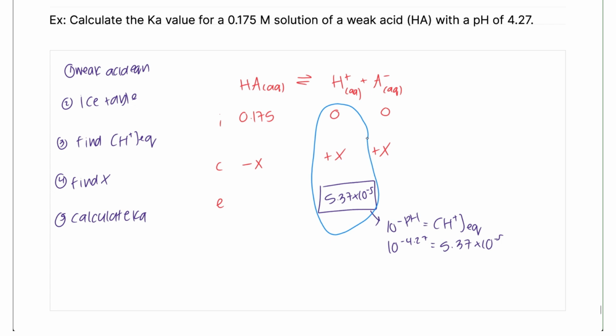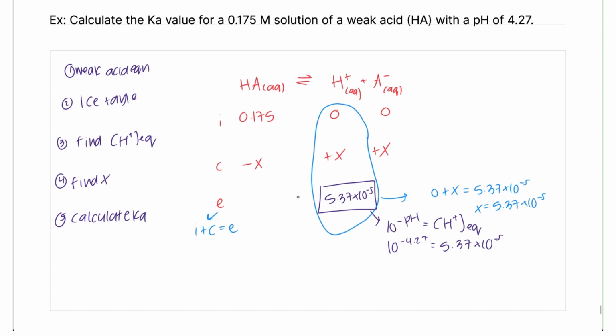Since we have I, C, and E for H+, we can solve for the X value by having 0 plus X equals 5.37 times 10 to the negative fifth. We can perform this calculation because I plus C equals E for any ICE table. This brings us to a value of 5.37 times 10 to the negative fifth for our X value.